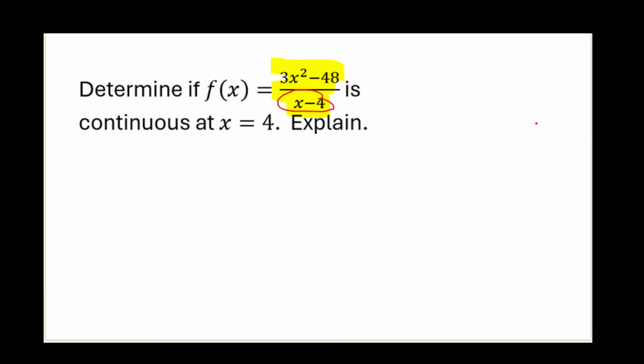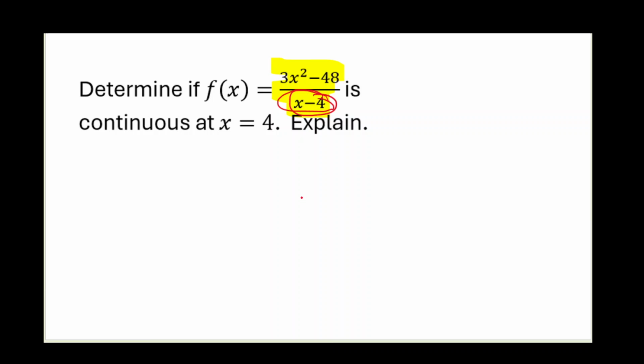We know that only where the denominator equals 0 is there some sort of interesting thing like a hole or a vertical asymptote. So at x equals 4, I know that the function's discontinuous because, having studied rational functions, at x equals 4, there is either a hole or a vertical asymptote.